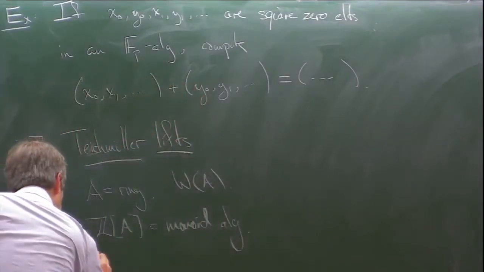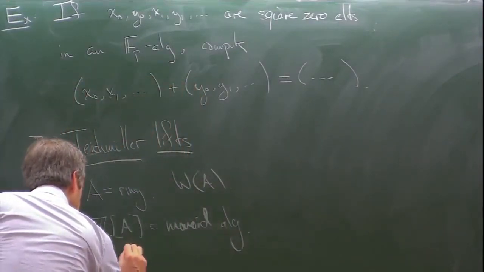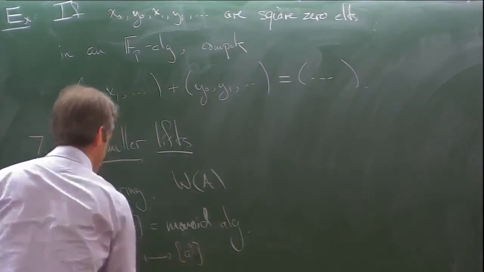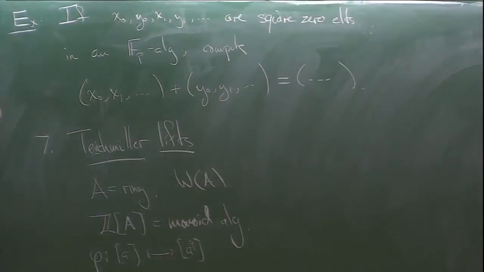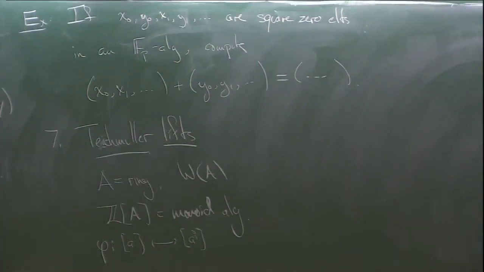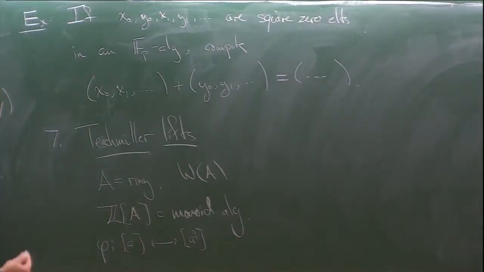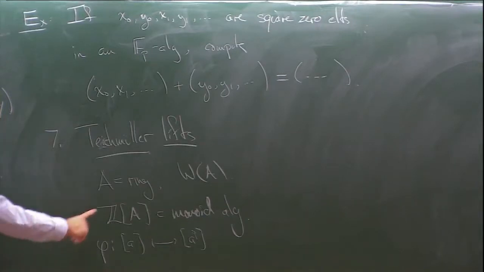Notice that it has a Frobenius operator, which just sends the standard basis element at position A to the standard basis element at position A to the P. That is the pth power map on A, so that's a map of monoids. So it induces a map of the monoid algebras.